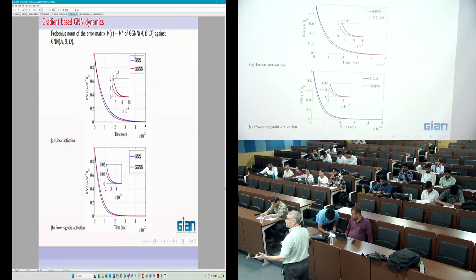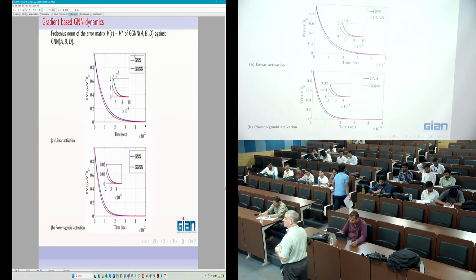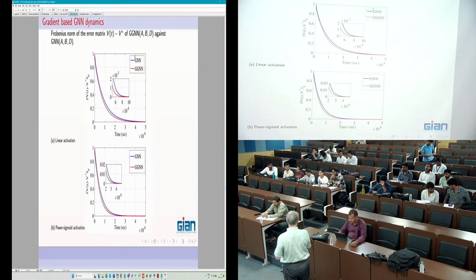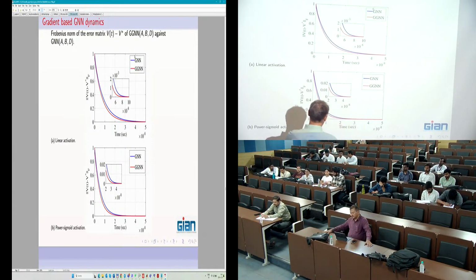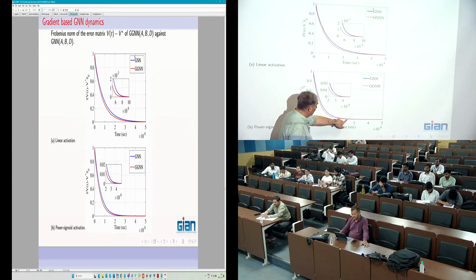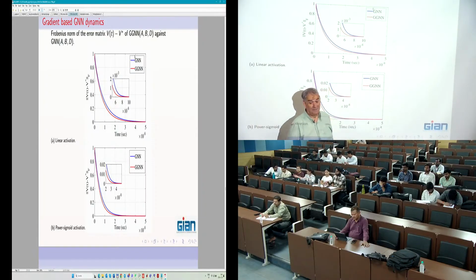The graphs look almost the same, but they are not the same. What is expectable when we apply a nonlinear activation function? We can expect faster convergence. Here convergence starts at 2.5, and there at 3.5.